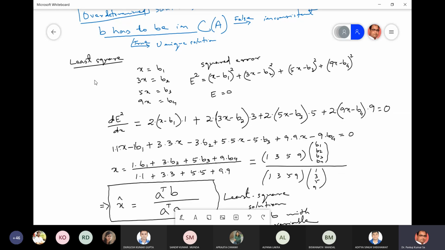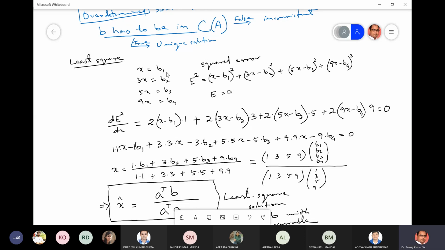If we consider all those points, let us take some sample points like x equal to b1, 3x equal to b2, like that. What is the best thing that we can do? The line that passes through all these points, or the line that represents all these points, should have minimum error.